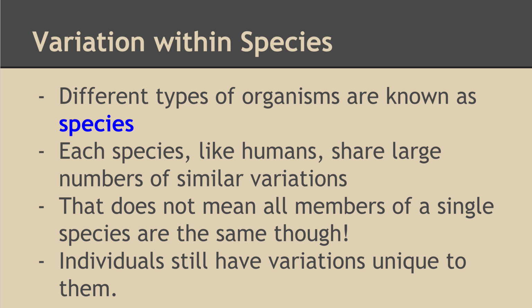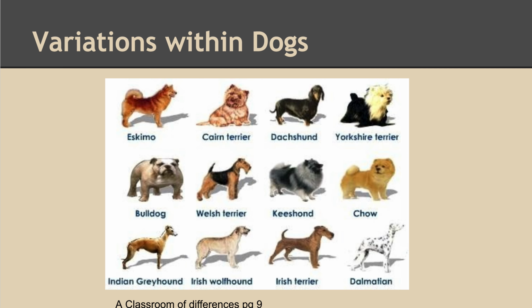But that doesn't mean that every human looks like every other human, or every domestic dog looks like every other domestic dog. In fact, on the dog front, the dogs that we keep in our homes are all one species, but they show massive ranges of variation because of the way we have bred them for different traits.